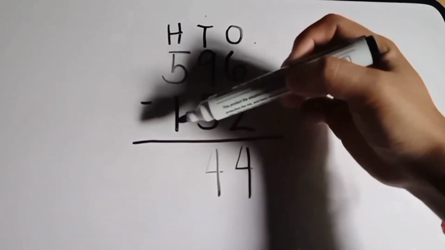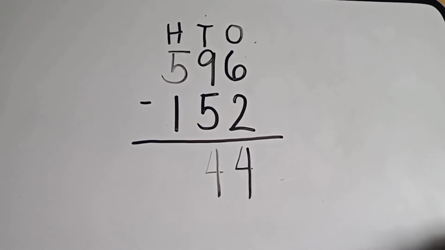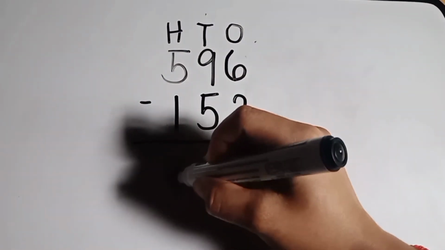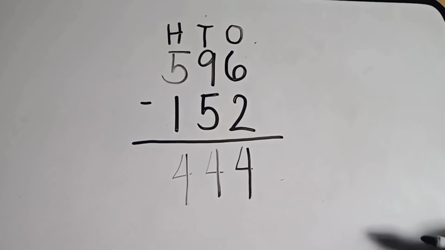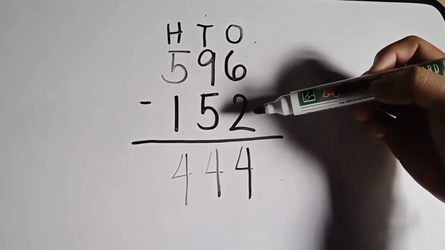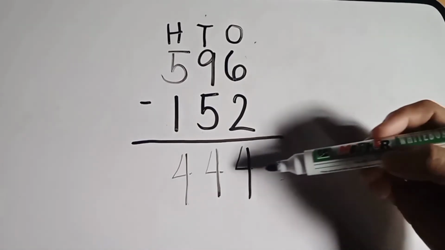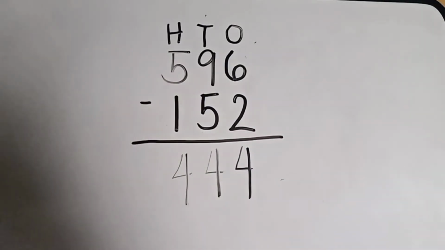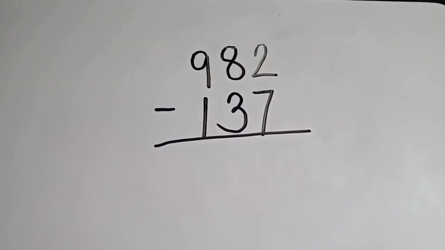So, 5 minus 1, the answer will be 4. So, 596 minus 152 is equal to 444.